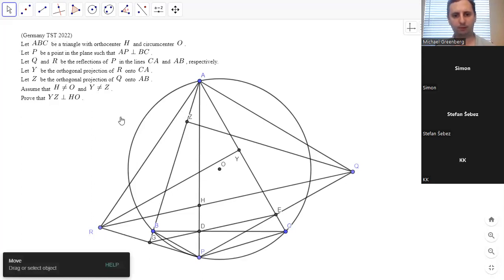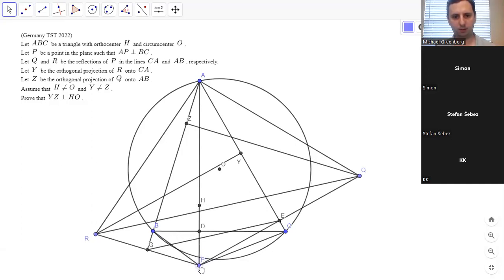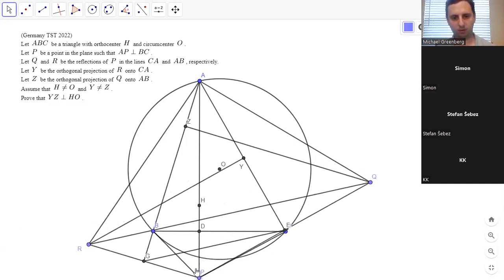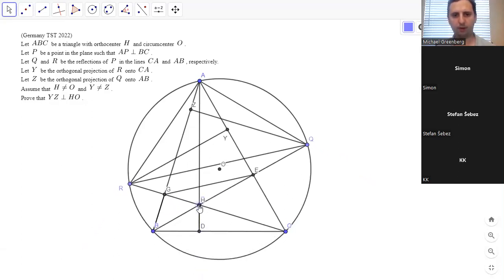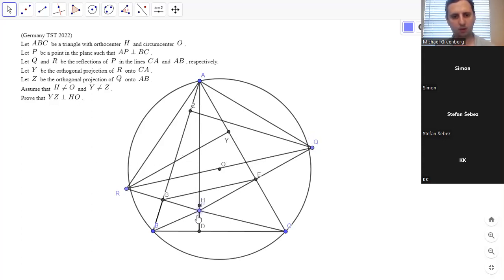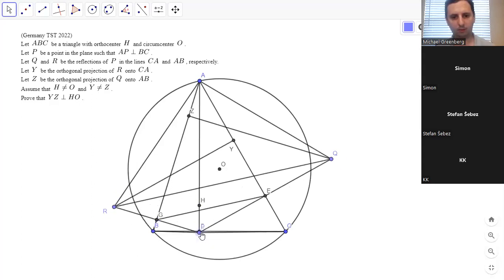I wonder, what point would make it easier to calculate YH squared and ZH squared? So let's see, if we set P equal to H, then we have a couple different choices.